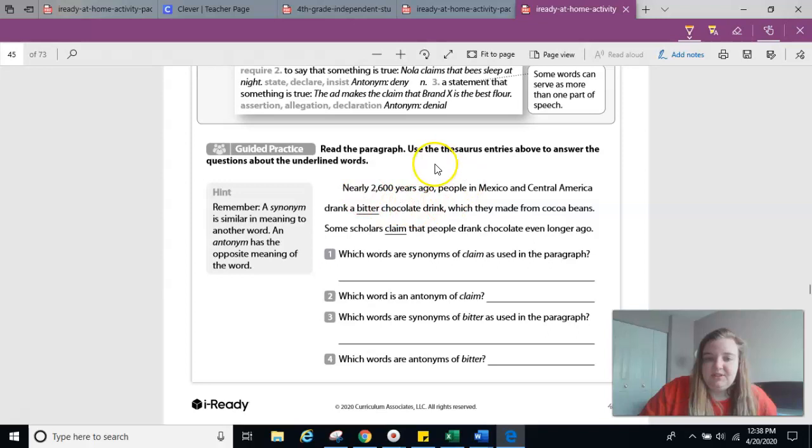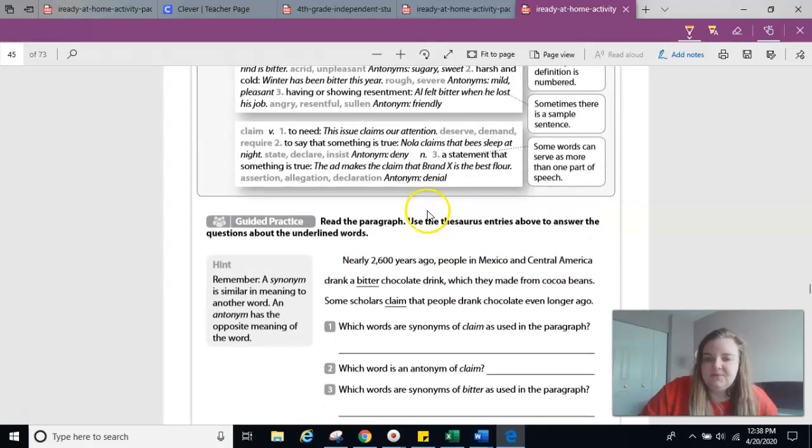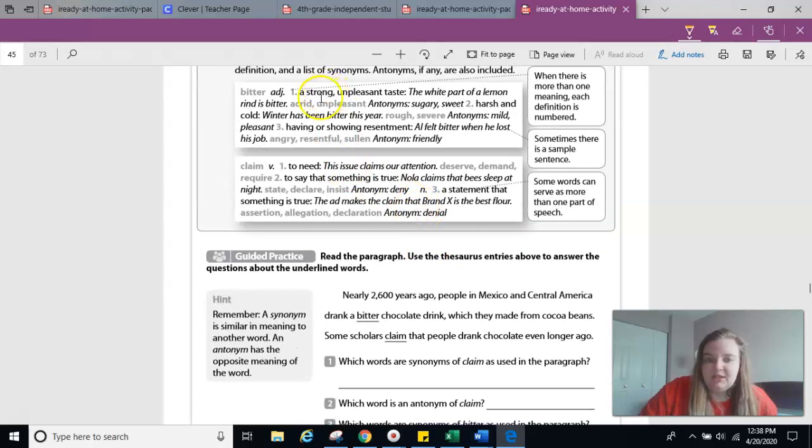Alright, so same thing, read the paragraph and use the thesaurus entries up here to answer the questions. Nearly 2,600 years ago, people in Mexico and Central America drank a bitter chocolate drink, which they made from cocoa beans. So, bitter chocolate drink, a strong, unpleasant taste. So, it gives you an example sentence.